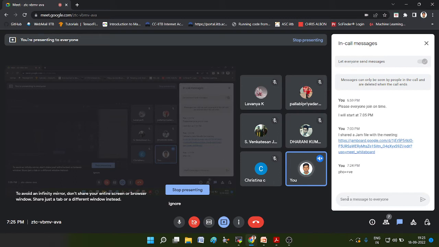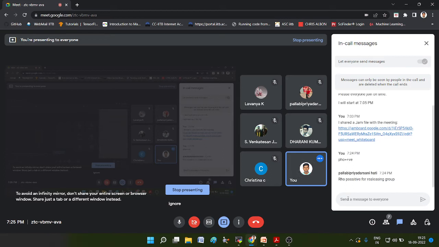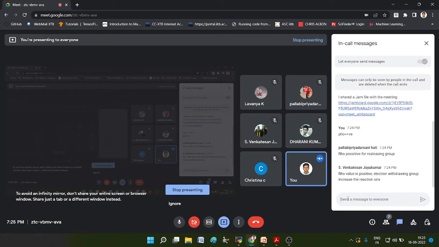First of all, tell me, the way I am explaining, is it understandable to you or is it too easy or too difficult? Rho value positive, electron withdrawing group increases the reaction rate. Rho positive for releasing group. Yeah, perfect.